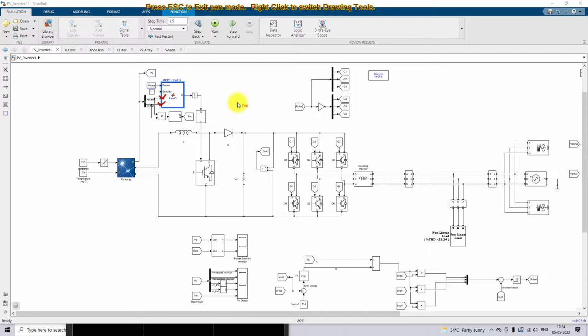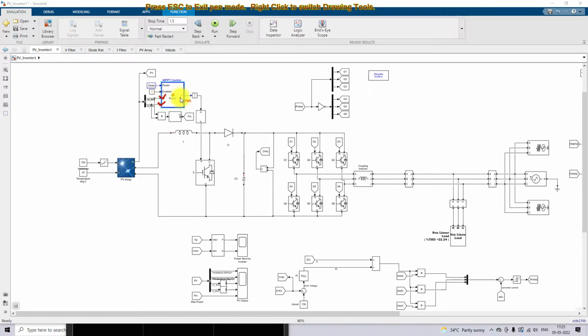We calculate the present instant voltage and current and the previous instant voltage and current, then calculate the change in voltage and change in power. Based upon these, we decide the duty cycle. That happens inside the P&O MPPT.